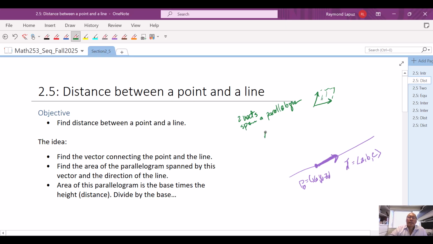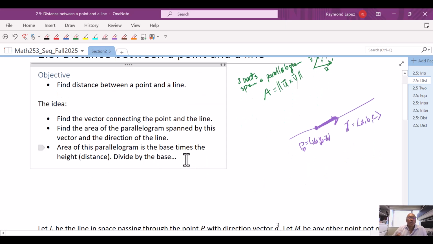It turns out that if we call these vectors u and v, the area of that parallelogram is going to be the magnitude of u cross v. So we should know those two pieces of information, and using them, we should be able to find the distance between a line and a point.